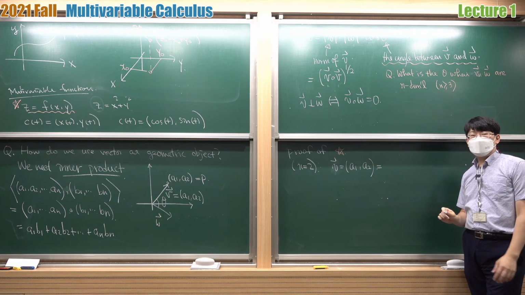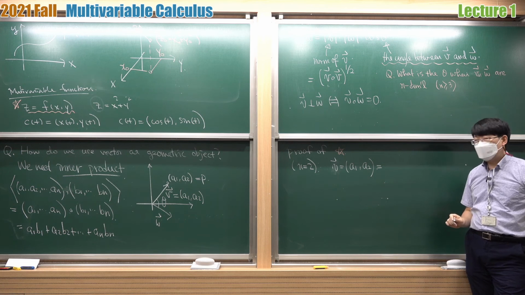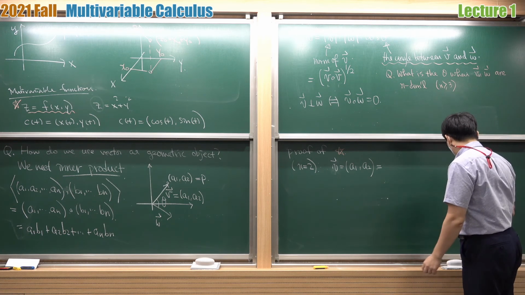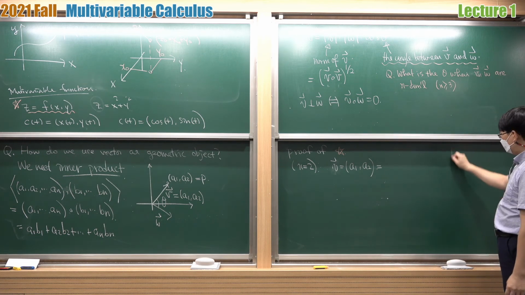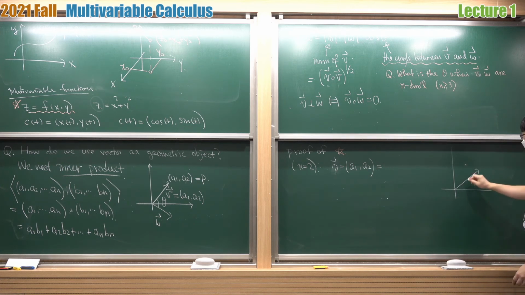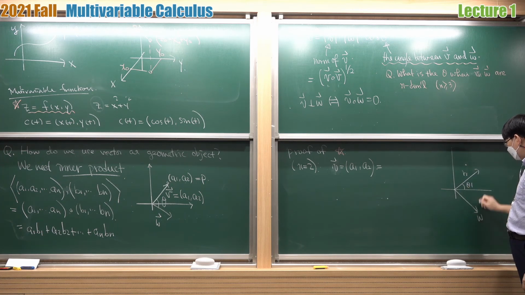Now, I have a different way of measuring this A1 and A2, which is polar coordinates. So we have R1 as length and theta 1. And then W, this is V. And let's say W has length R2 and angle theta 2.